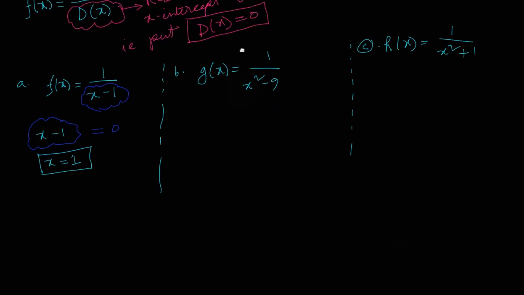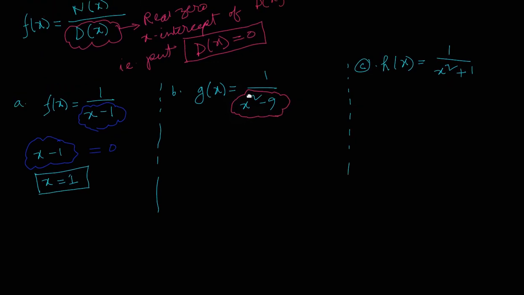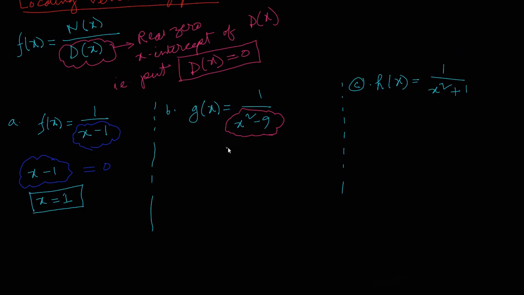Now let's look at the other one. For this one, the same way, I need to equate my denominator to 0. So let's try to solve it. x squared minus 9 equals 0, so x squared equals 9, so x equals plus or minus the square root of 9, which is plus or minus 3.